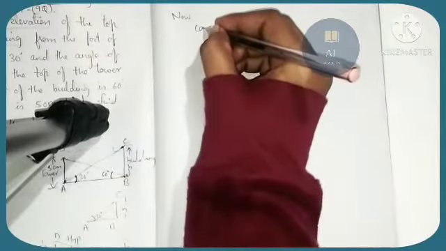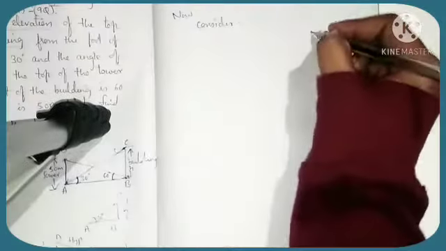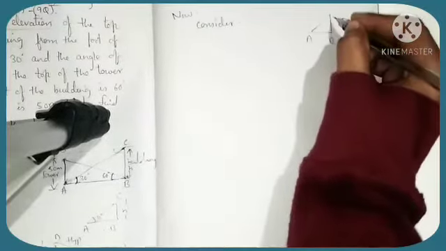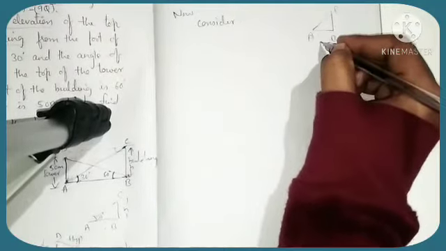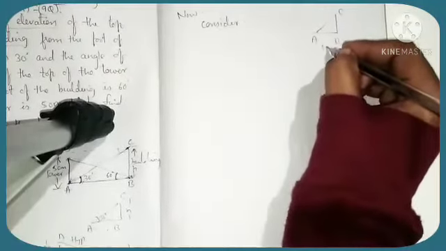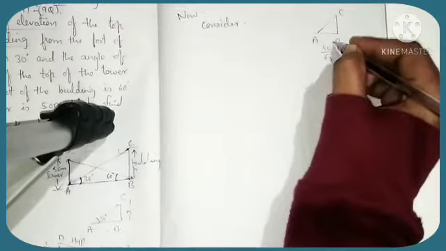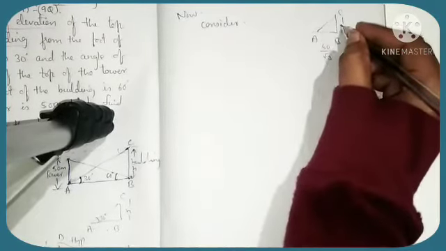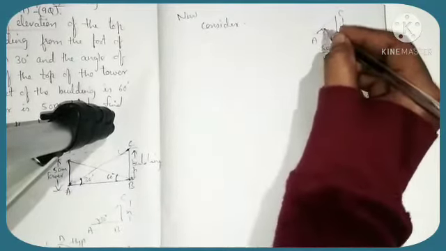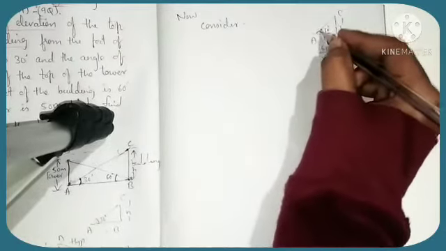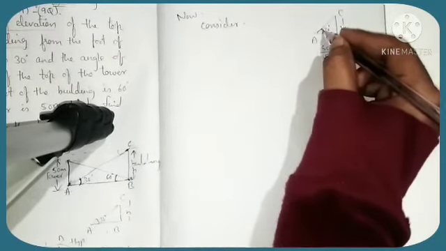Now consider triangle ABC. Here we got this value. What we got? 50 by root 3 we got for this. This side we have to find, h, and the angle is 30 degrees. So again we are having a side opposite to this angle.